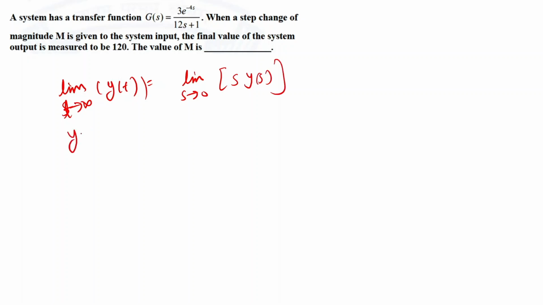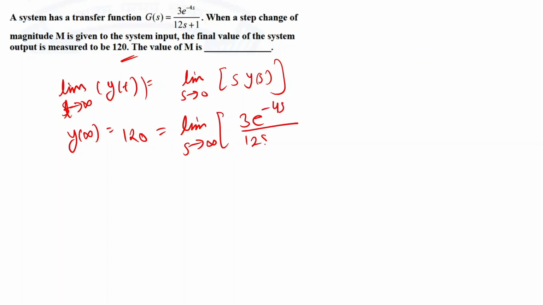This value is y of infinity, which we have been given as 120, equal to limit s tends to 0, where Y(s) is G(s) into X(s), and X(s) is 1 upon s times m. So that is basically 3 into e raised to minus 4s upon 12s plus 1 into m upon s.